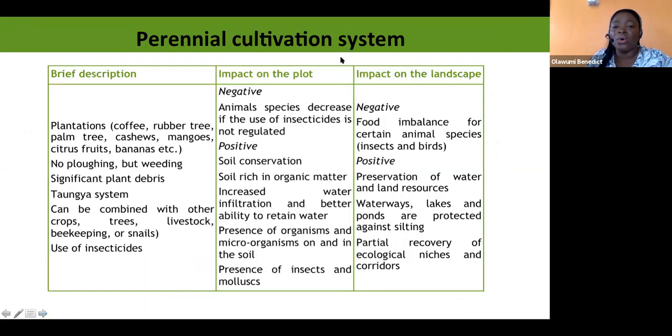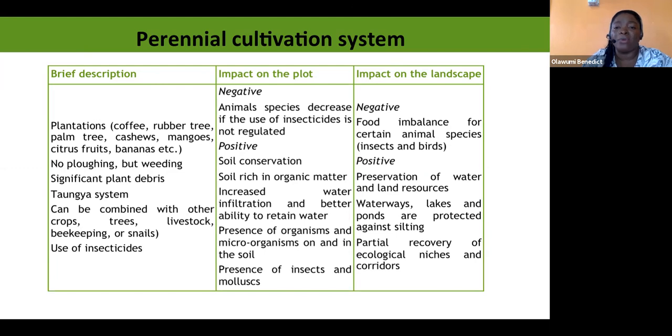So we'll talk now about the perennial cultivation system. This is plantation. When we talk about coffee trees, palm trees, coconuts, they can stay for about 25 to 30 years. The hybrid ones do, and the traditional ones can stay for a longer period.